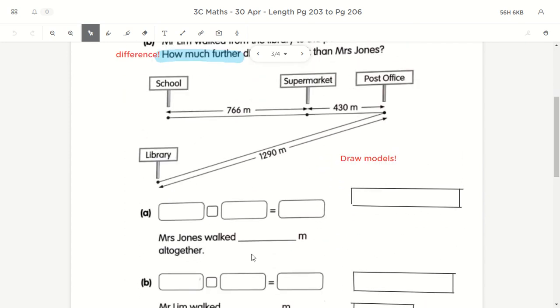Okay, so let's do A first. How far did Mrs. Jones walk altogether? So I want to find the total. I have 2 parts to it. One part is 766, the other part is 430. So all I need to do is find the total, and you realize I just need to add them together. So I put an add first, and then I use 766 plus my 430.